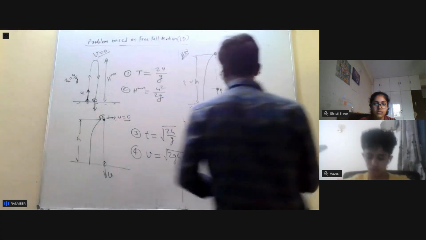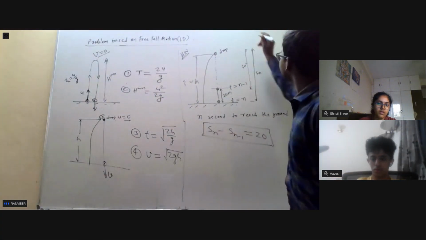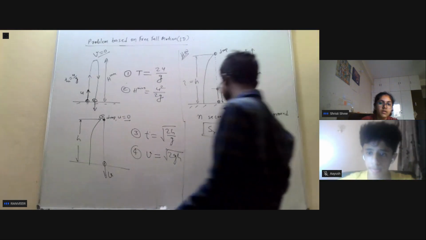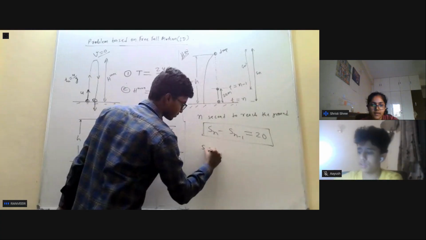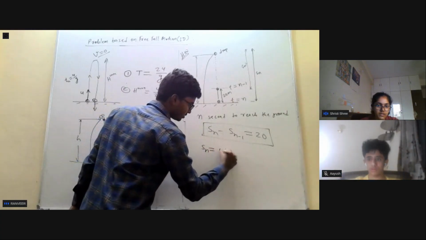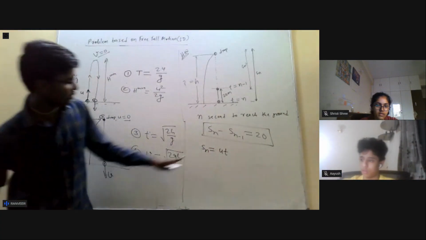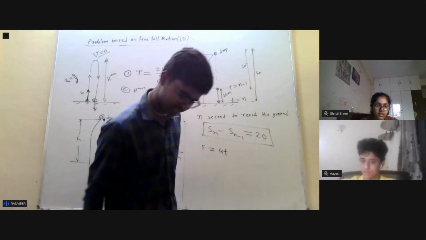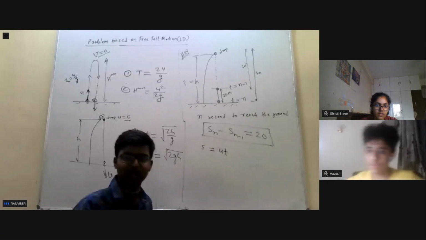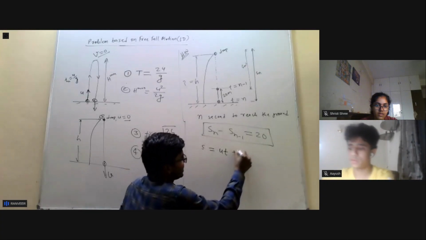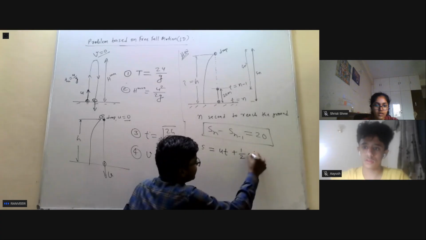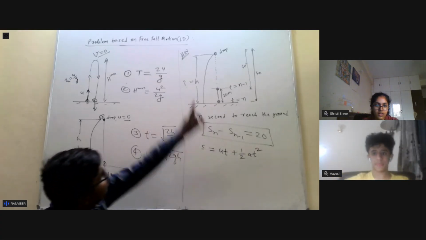Now can you tell the formula of Sn? S equal to ut plus half at square. It is dropping the ball.